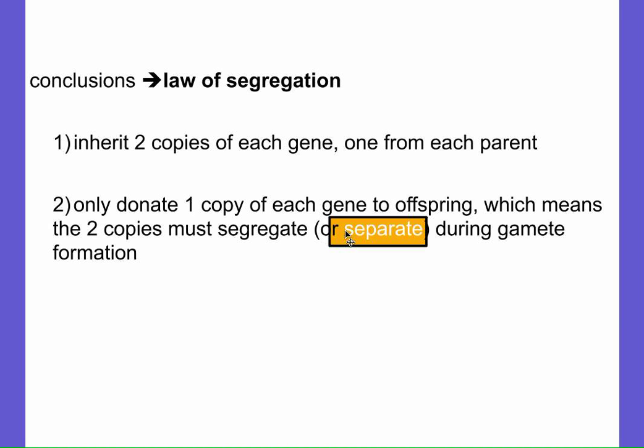So we know that you have 2 copies of everything. We know that you have those homologous chromosomes and that they separate in meiosis. But you got to understand that Mendel came up with all this stuff before we even knew what DNA was. Before we knew that DNA was what carried your genes and was the stuff that made you you.